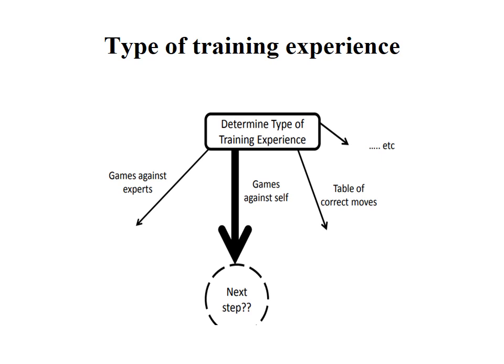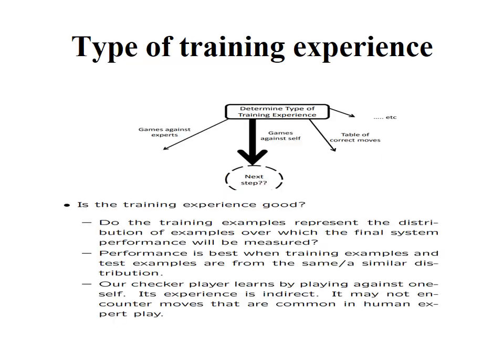So for the final type of training experience, we can select games against itself instead of games against experts. Is playing games against itself good training experience? We can say that performance is best when training examples and test examples are from the same or similar distribution.